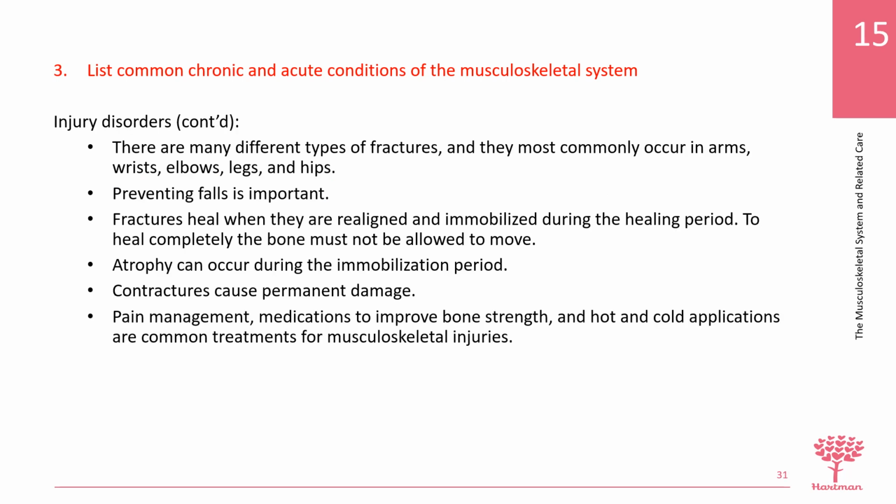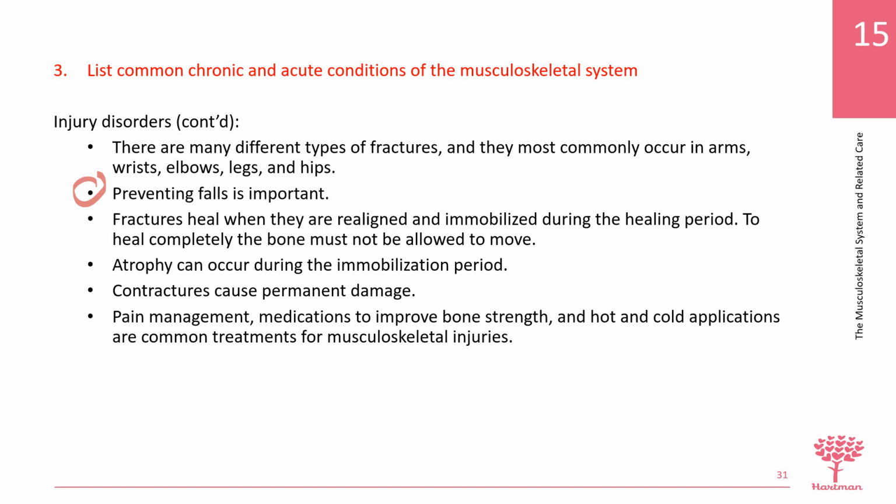There are many different types of fractures, which we talked about, that can occur in the arms, wrists, elbow, legs, and hips. Like I said before, teaching, preventing falls is extremely important. Fractures heal when they are realigned and immobilized during the healing period. To heal completely, the bone must not be allowed to move.